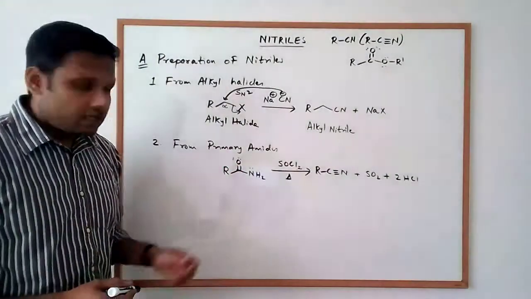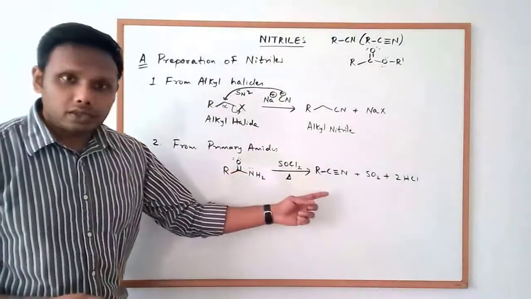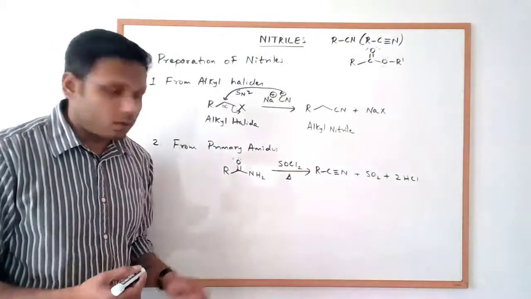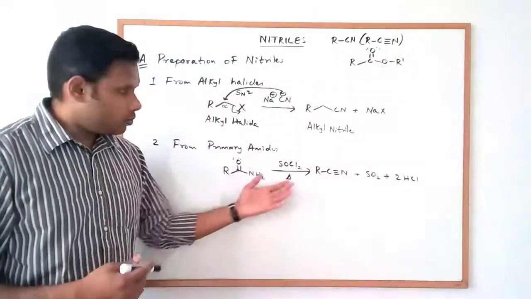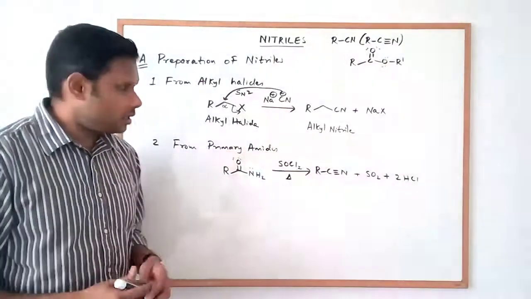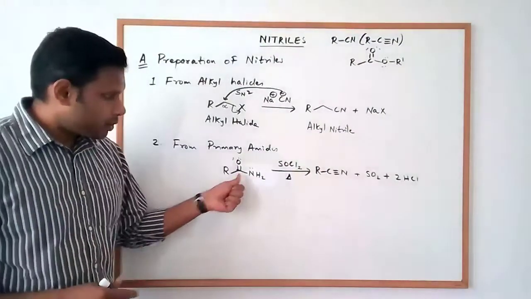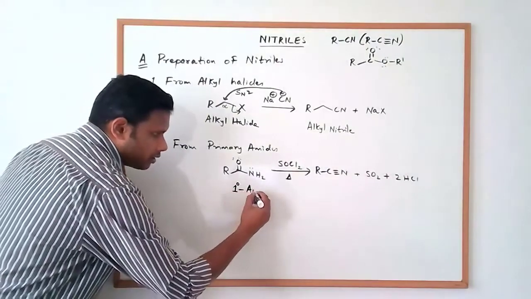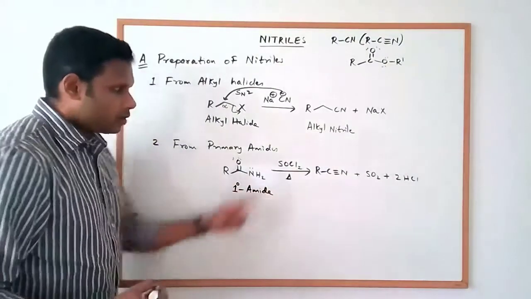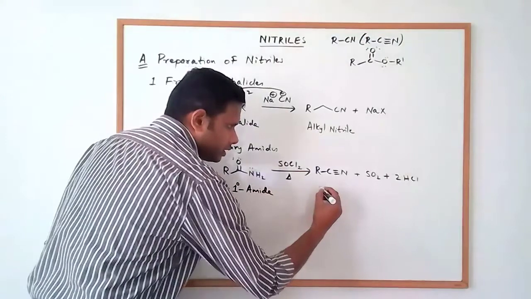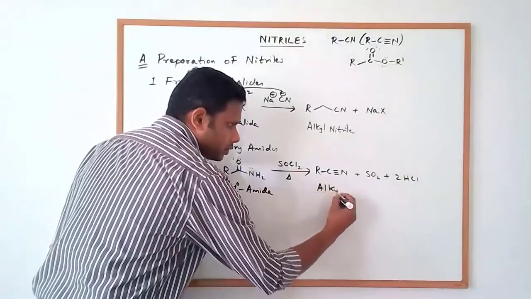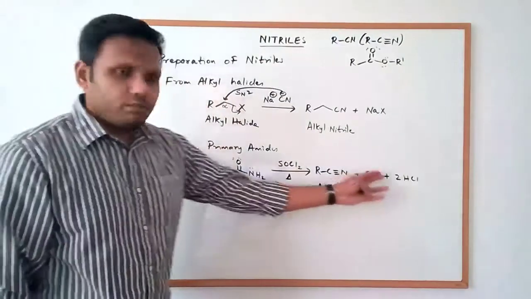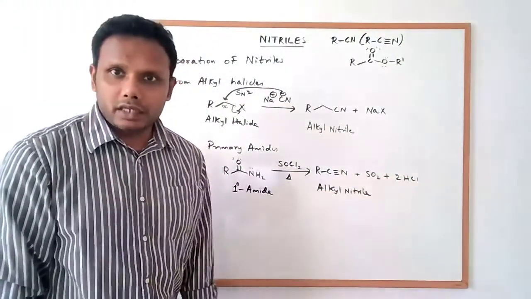Primary amides can be converted into nitriles by reacting with thionyl chloride, SOCl2, with heating. So when a primary amide, and that's specific, reacts with thionyl chloride, it is converted into an alkyl nitrile, along with the byproducts sulfur dioxide and HCl.